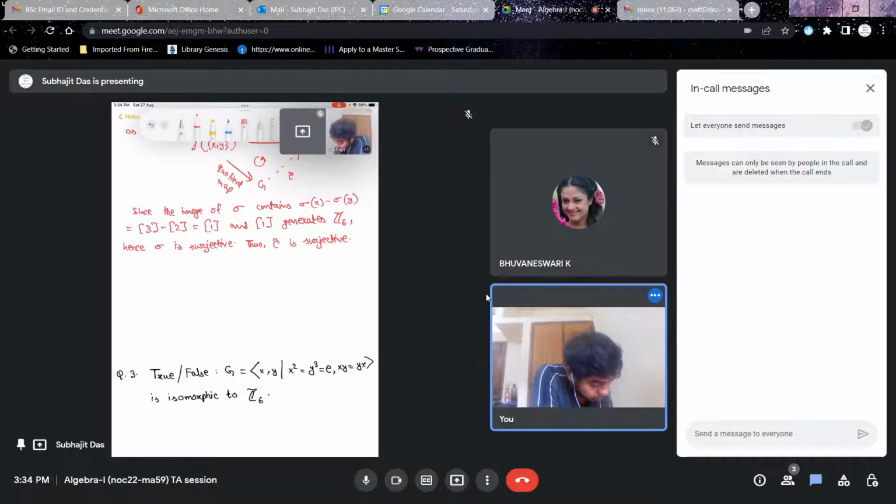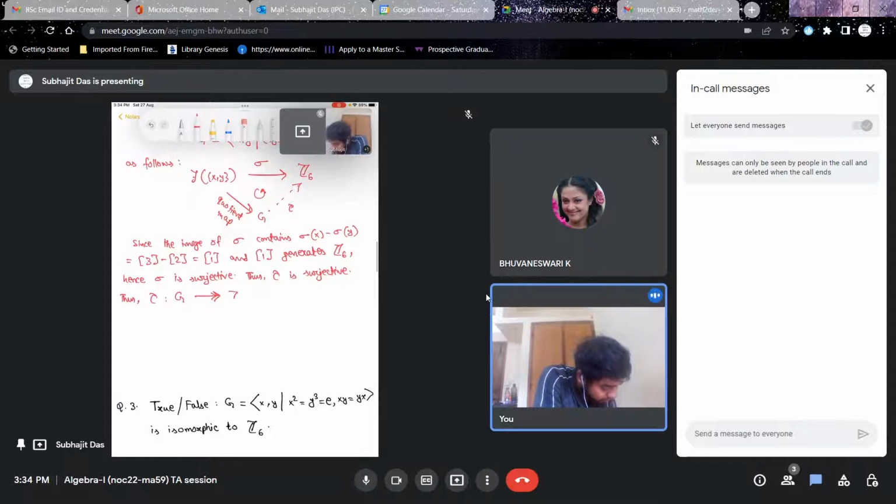So thus tau mapping G onto Z6, being a surjective homomorphism, gives that the cardinality of G has to be greater than or equal to 6.